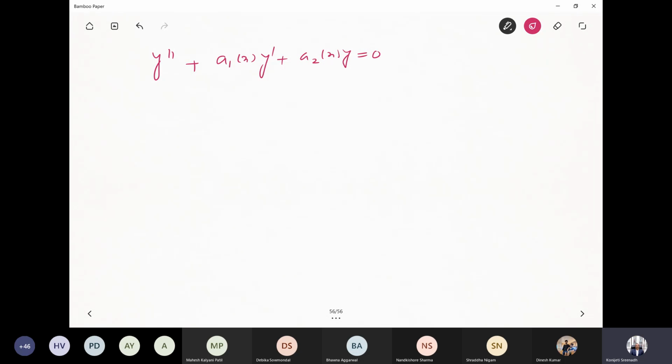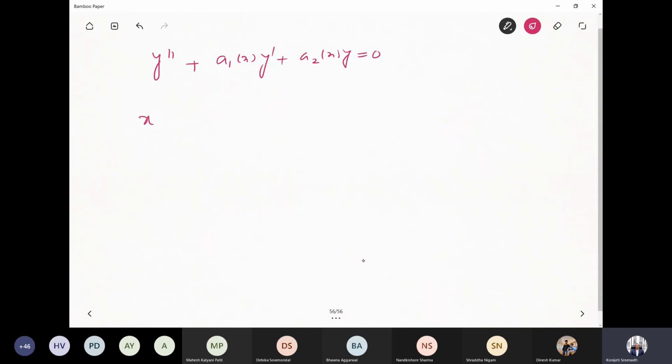Now we ask the question: suppose they are not real analytic functions, then what can we do? Can we still apply the power series method? That means these functions a1(x) and a2(x) are singular functions, so they may not be analytic functions. So we try to look at equations of this type.